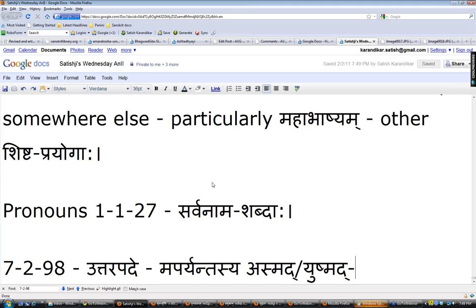So they are going to replace asmad, up to ma. So the asma and the yushma are going to take the ma and tva adeshaha. So yushmad shabdasya gets the ma tva adeshaha.